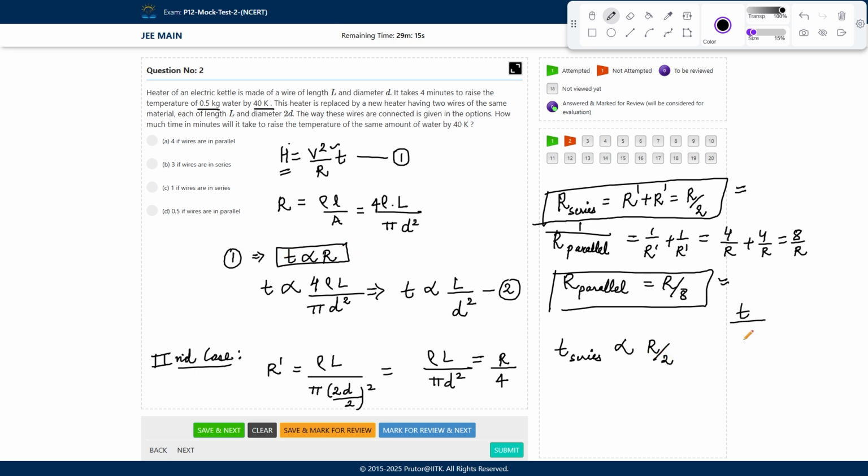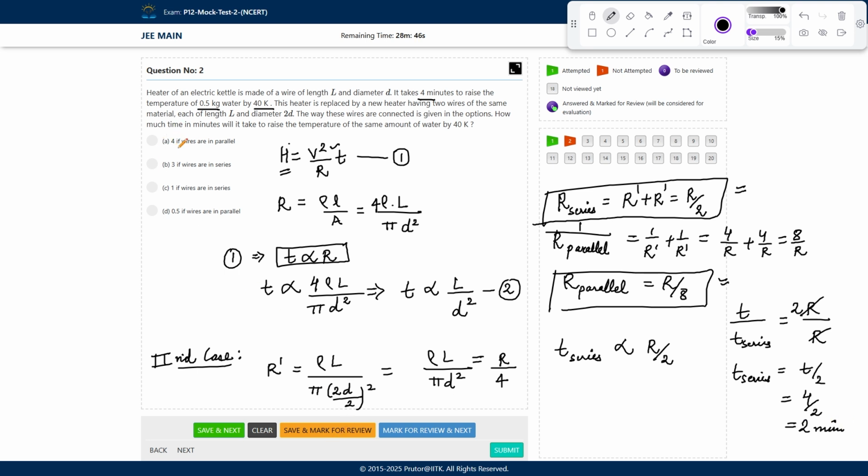T by T series, T proportional to R, this proportional to R by 2, so it will become 2. R will get cancelled out. So T series will be T by 2, where T was 4 minutes, as given in the question for the initial case. So T series will be 2 minutes.